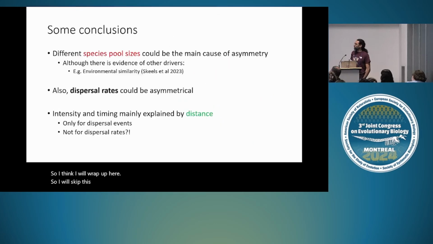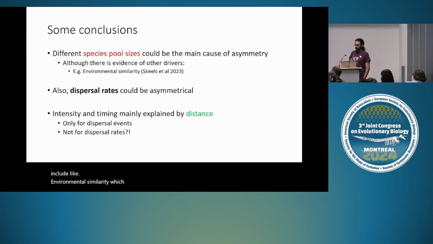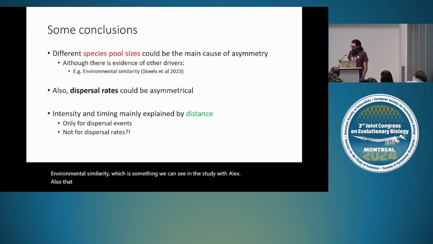So yeah, we can see that in fact different species pool sizes could be the main cause of asymmetry, although there could be other drivers, some of which I didn't include, like environmental similarity, which is something we can see in the study we did with Alex. Also that dispersal rates, according to this, could be asymmetrical.